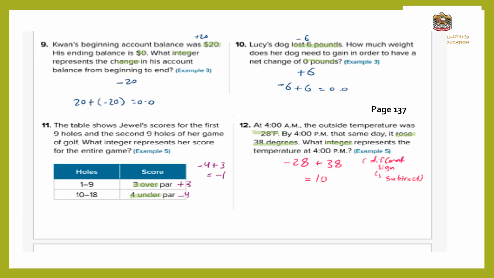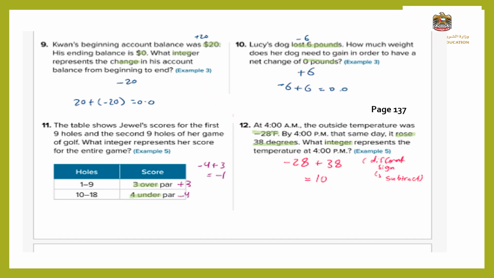This also the pattern is the same. One thing I will tell you, you see account balance in the beginning is 20. So account balance at the beginning is 20 means that is positive 20. His ending balance is 0. Ending balance is 0 means he already spent this 20 dirham. So you had 20 dirham or $20, you spent $20, so that became 0.